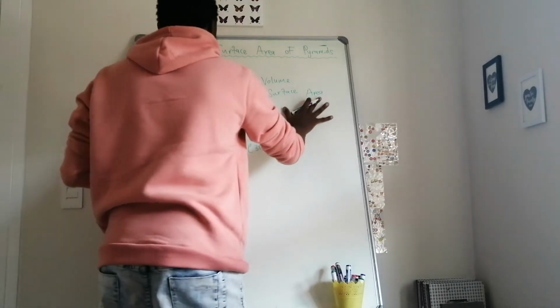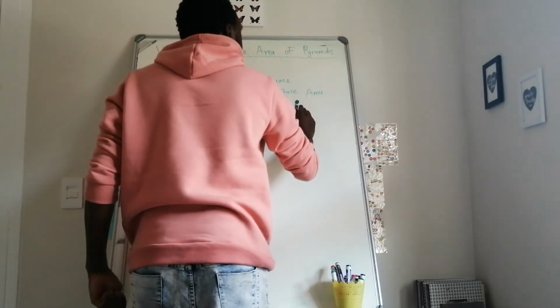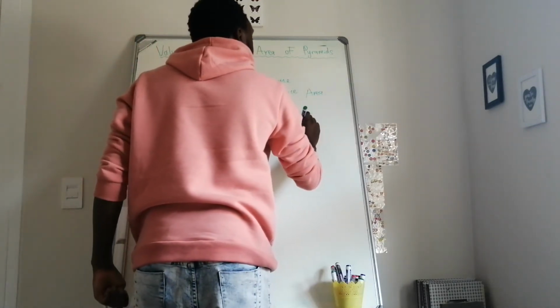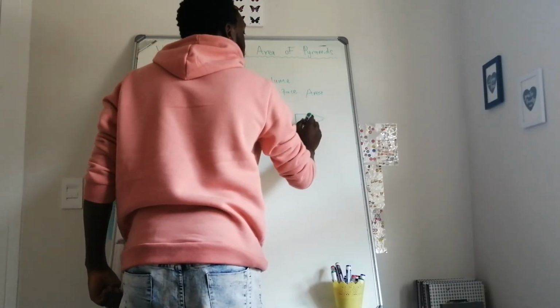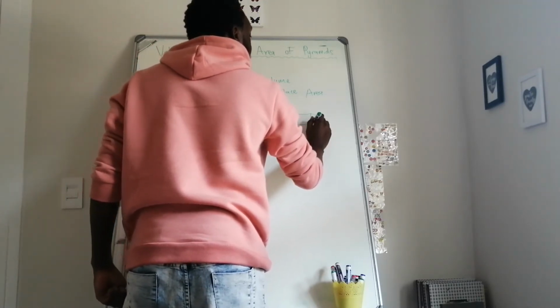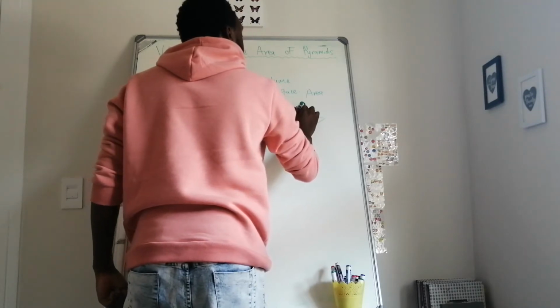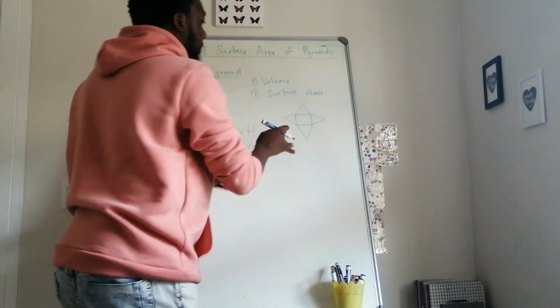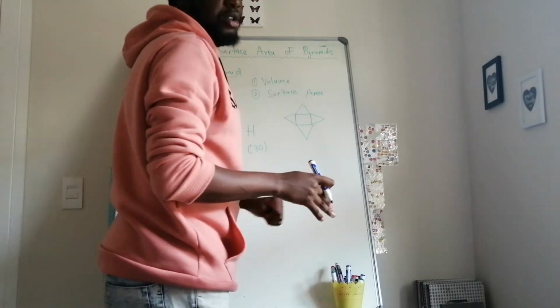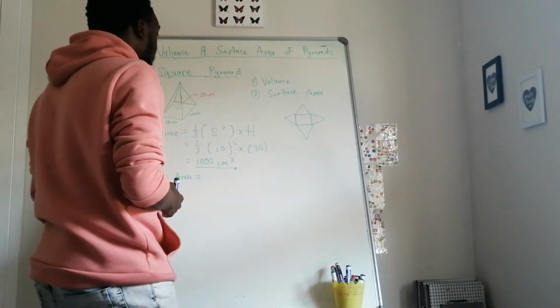So let me just draw it here and see how it looks. So we have a square there, right? We have a triangle, we have another triangle, triangle, and a triangle, right? Sorry, but all the triangles there are the same, right?